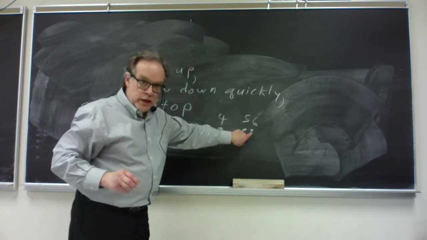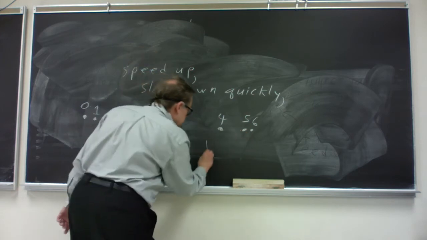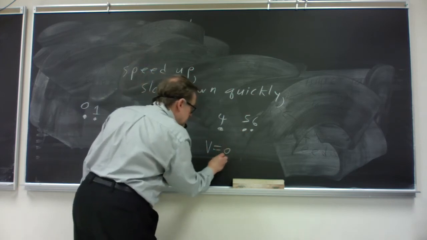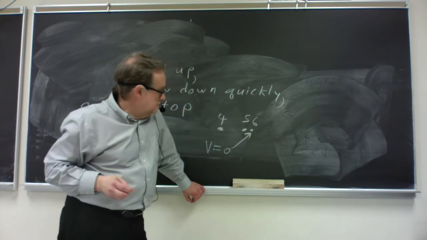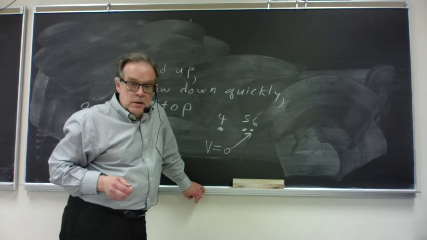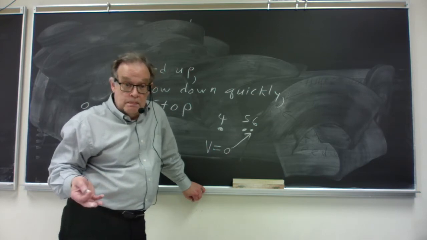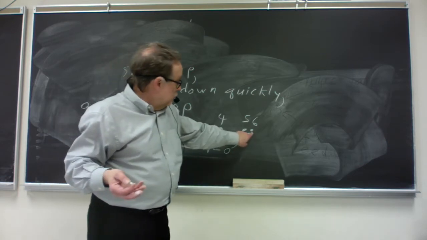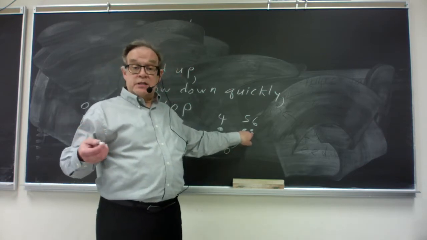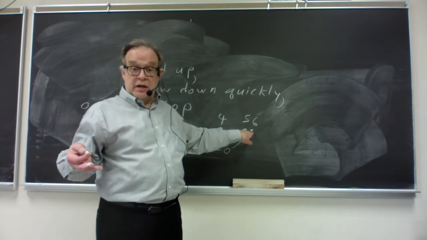And at this location, I have come to a stop. My velocity is 0. And I stay stopped for a while. That means I've arrived at this point at the end of the sixth time interval, but at the end of the seventh time interval, I'm still there.